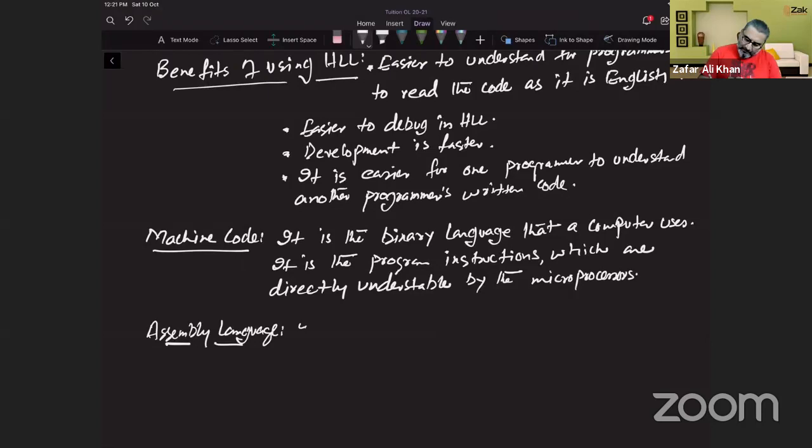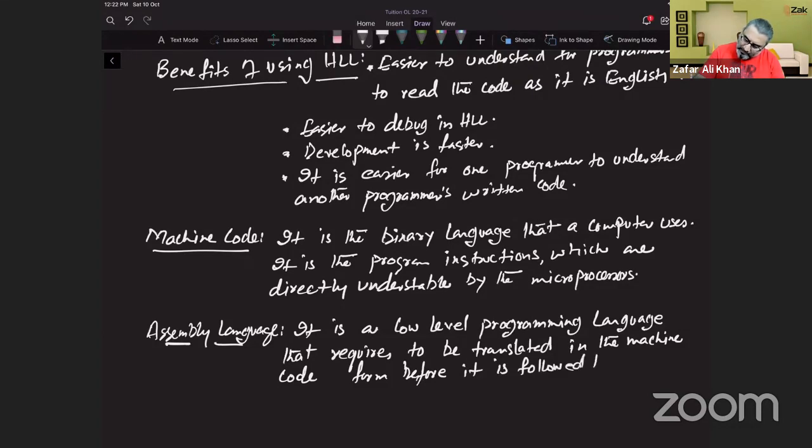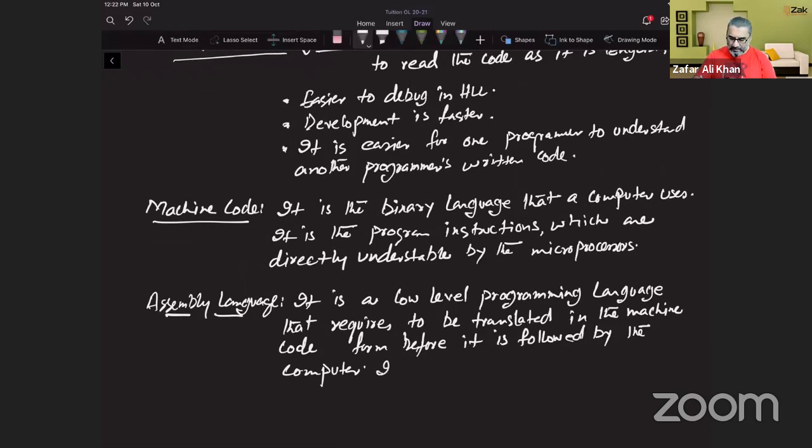Assembly language is a low-level programming language that requires to be translated in the machine code form before it is followed by the computer. It is hardware dependent.